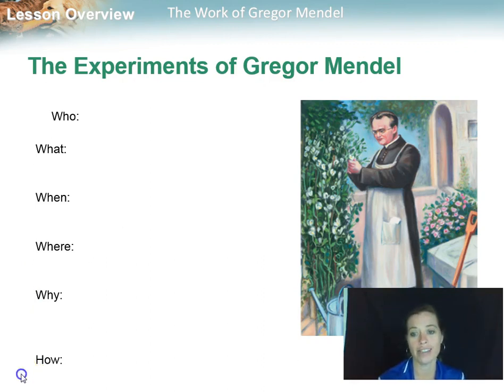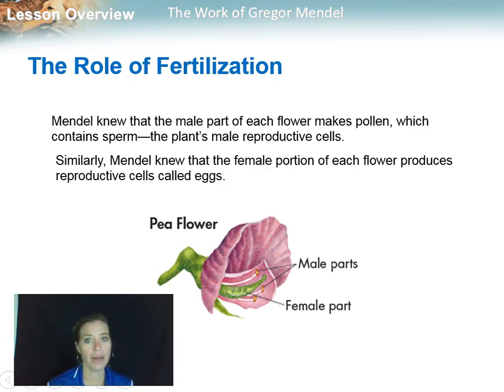discover genetics. So Gregor Mendel was able to manipulate the way that the plants fertilized each other by controlling fertilization processes. So plants have two different parts. They have the male parts and then they have the female parts. The male parts consist of this anther that's right here, and that's what produces the pollen. Pollen is pretty much plant sperm.